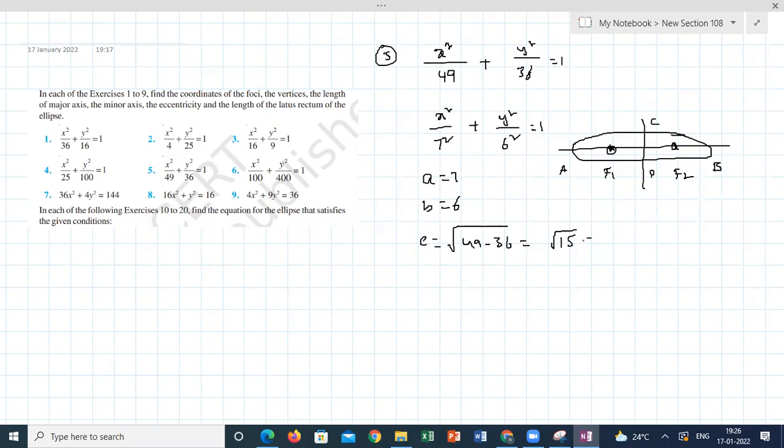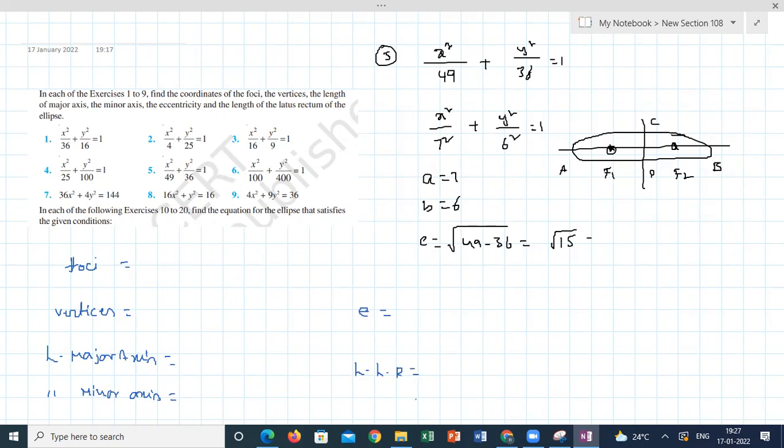Anyone can give the answers for this? Vertices, length of the major axis, length of the minor axis, eccentricity, length of the latus rectum. Who is going to give the answers?